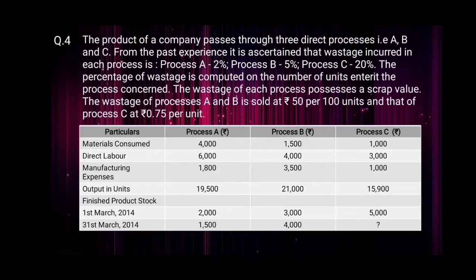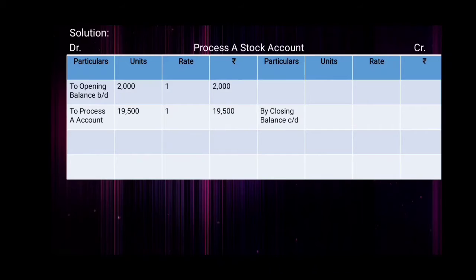Now on 31st March 2014, that is the closing balance is given as 1,500 for process A account. By closing balance carried down, unit is 1,500 at the rate of 1. Total amount will be 1,500.